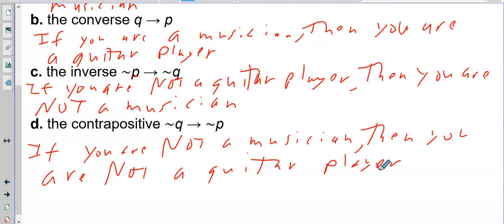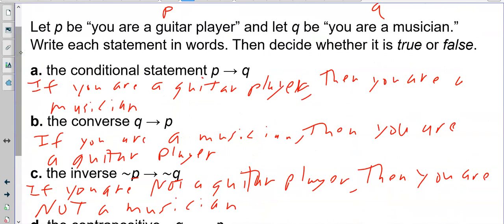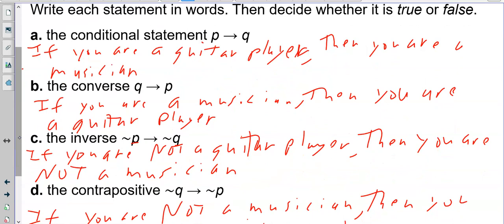Okay, so just a review. We have our standard if then, P then Q. The converse, we switch it, if Q then P. The inverse, we negate the original conditional statement, so if not P then not Q. And then the contrapositive, we flip it, Q then P, but negate them both. So if not Q then not P.